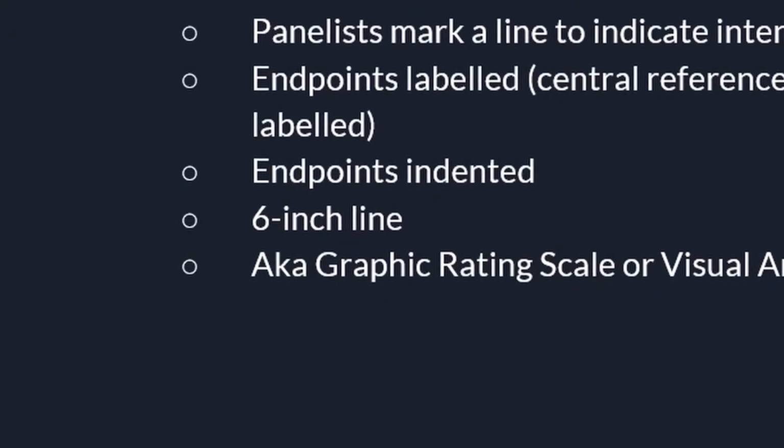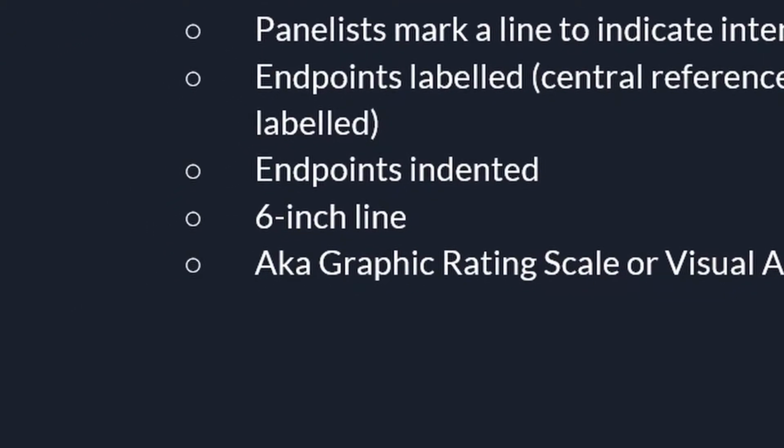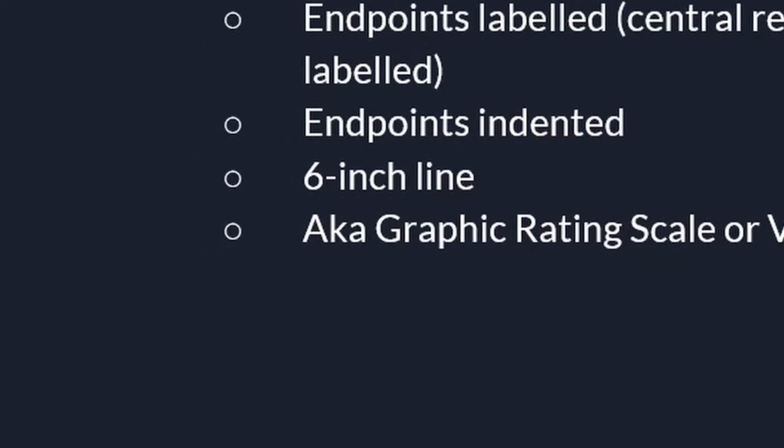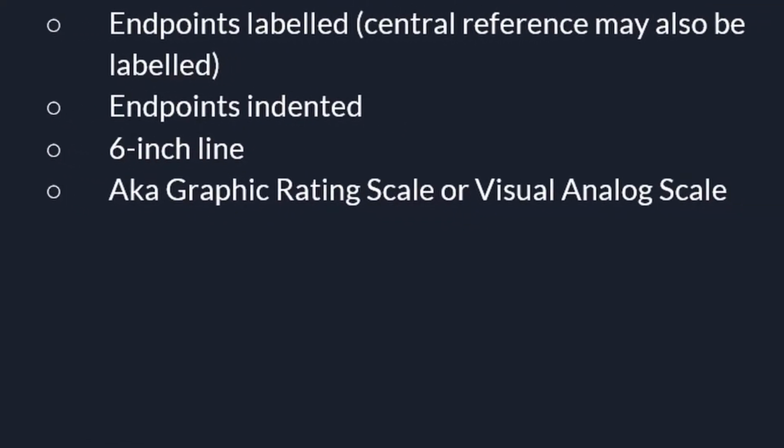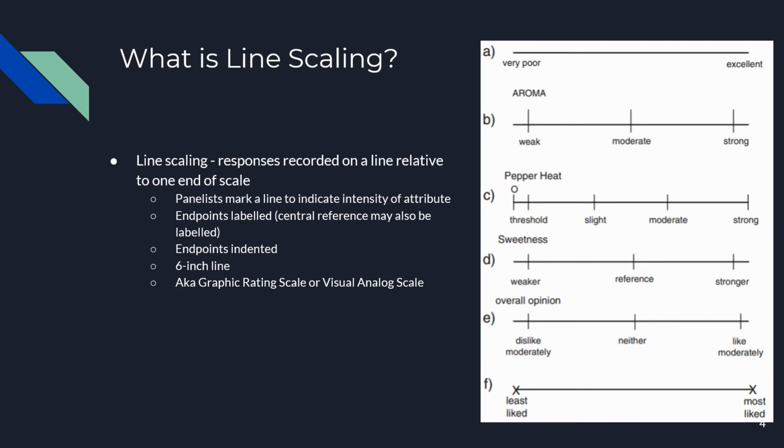Endpoint anchor lines may be indented to avoid panelists being reluctant to use the extremes of the scale. That's called endpoint bias, and the line should be about 6 inches long for maximum sensitivity, and the line scale may also be referred to as the graphic rating scale or the visual analog scale.